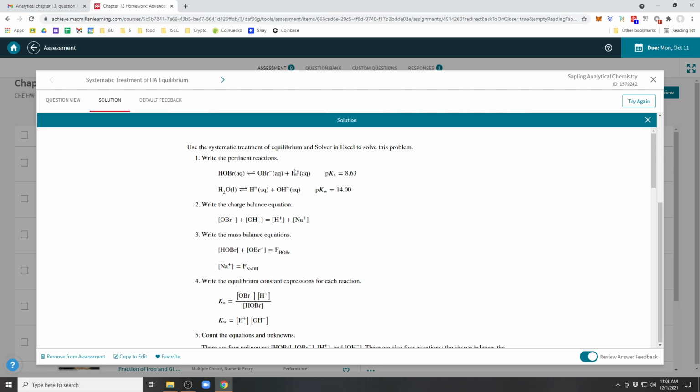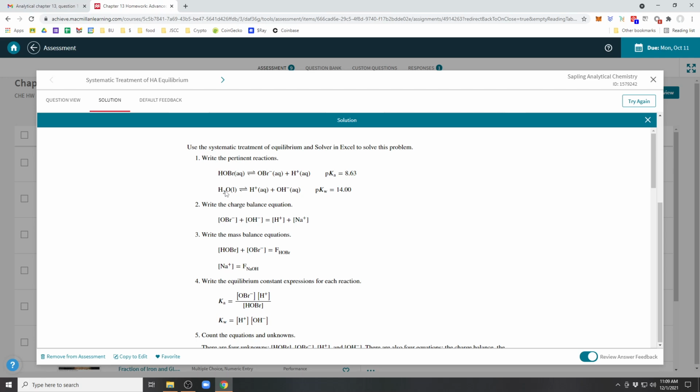So you have these reactions: the concentration of OBr minus to the power of 1 times the concentration of H plus to the power of 1, divided by the concentration of HOBr, again to the power of 1, would be the Ka. That's the equilibrium expression.